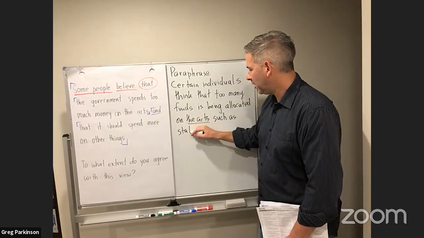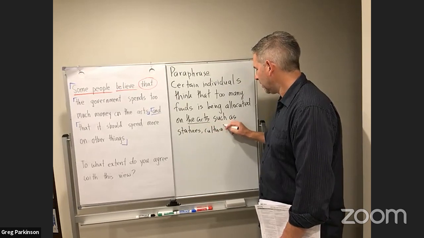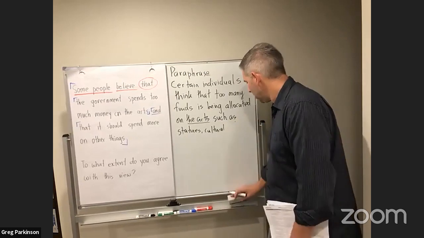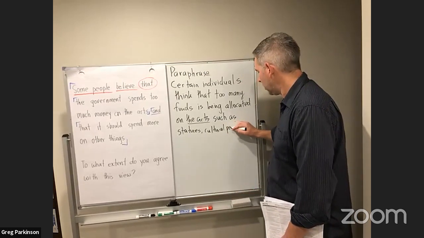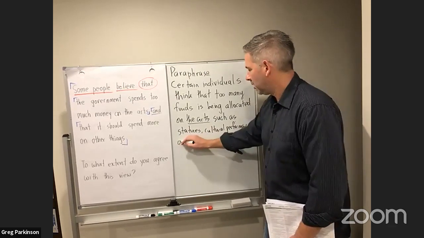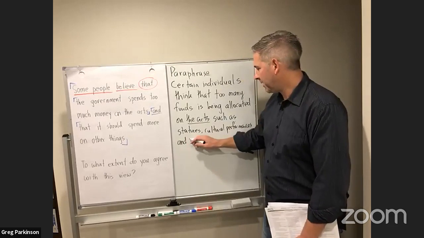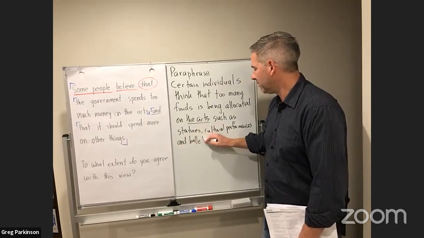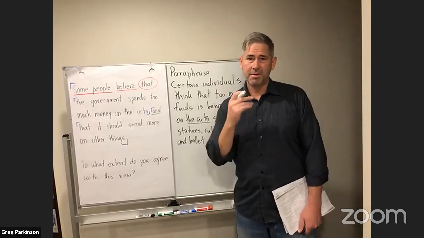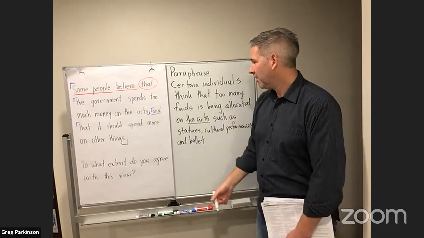Statues, cultural performances, let's think of one more. What about ballet? Now, these could be any 3, right? So it doesn't matter, but I'm just giving 3 examples. Instead of using a synonym, I'm just going to add some more vocabulary in.